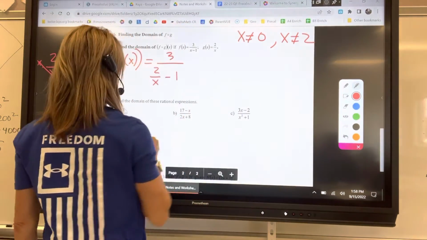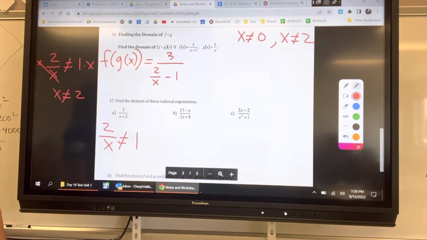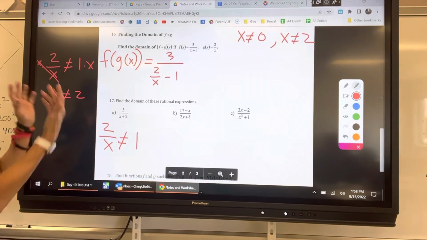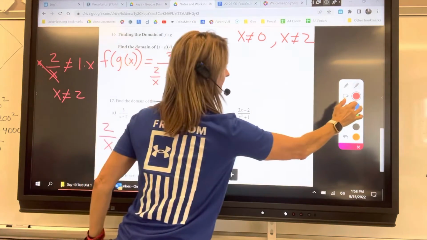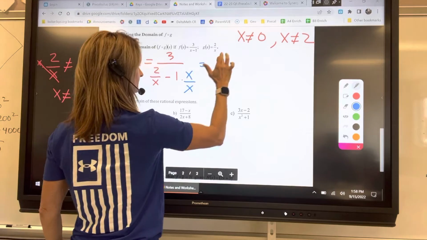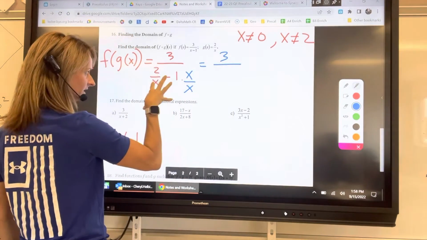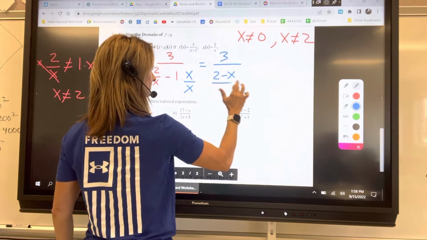But let's go ahead and finish our composite function and just verify that that's right. You don't have to go through all this if you want to do it that way. So I'm going to have to multiply by x over x. So this is 3 over 2 minus x over x, in the denominator.